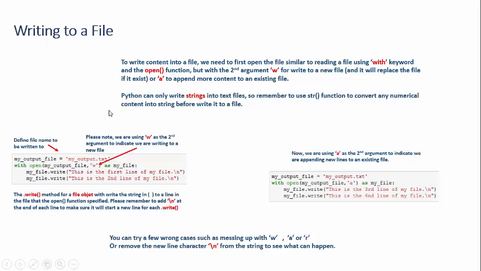But the second argument of the open function will be a W, which is going to write to a new file, and if this file exists, it's going to be replaced. Or we can use the A option, which means we're going to append the new content into an existing file.